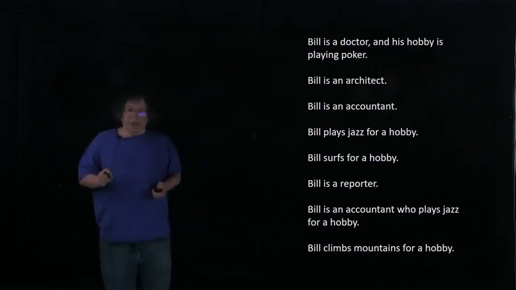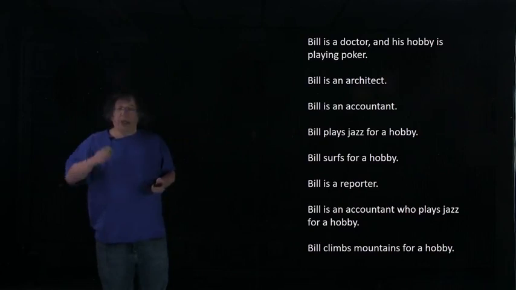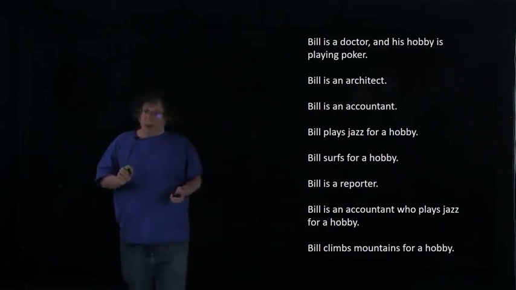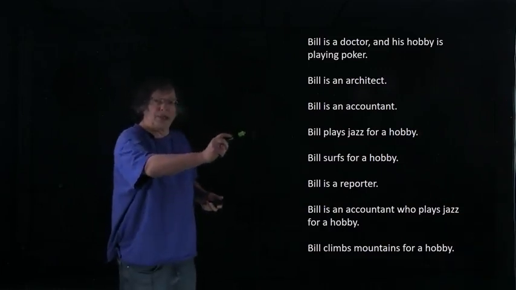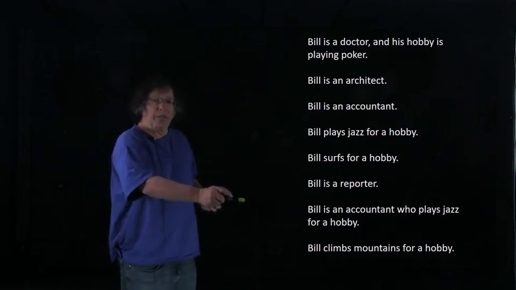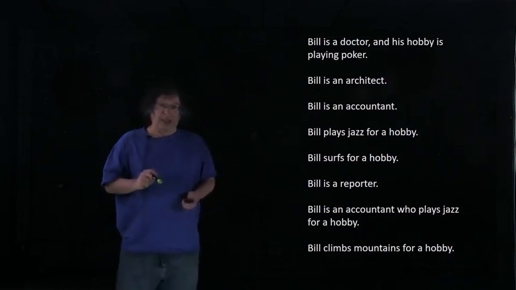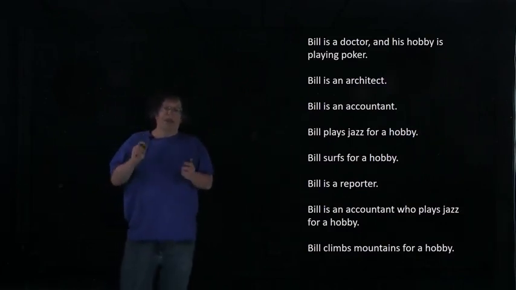The three statements that we're interested in here, the others are sort of like additional choices, but the three statements for us to focus on here are Bill is an accountant, Bill plays jazz for a hobby, and Bill is an accountant who plays jazz for a hobby. Now here's the thing.